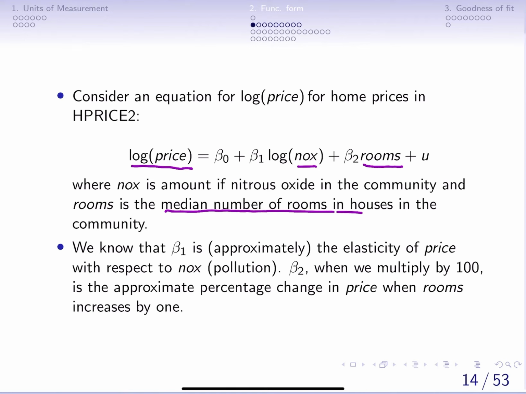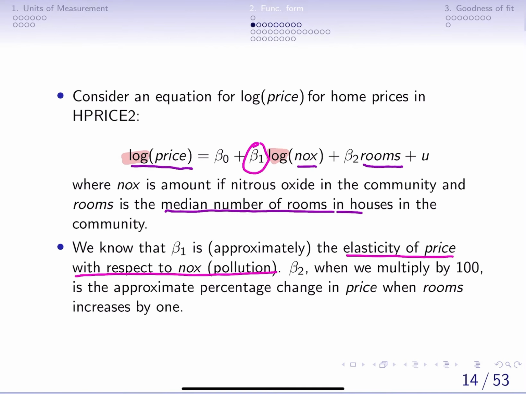Notice here that you have a log model, at least when it comes to measuring the effect of pollution on housing prices. So here, beta 1 is essentially an approximation, and it tells us the elasticity of housing price or home prices with respect to pollution.